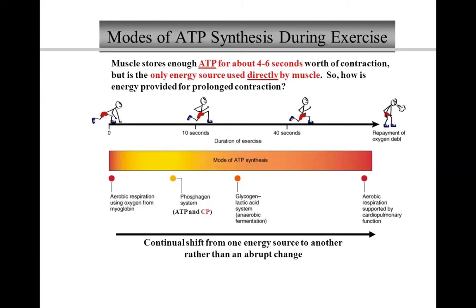The muscle meets most of the ATP needs by borrowing phosphate groups from other molecules and transferring it to ATP. But remember, this is short term. There are two enzymes required in the process, which is myokinase and creatine kinase, and these are all enzymes that can give you the initial ATP requirement through the phosphagen system, through the creatine phosphate system.